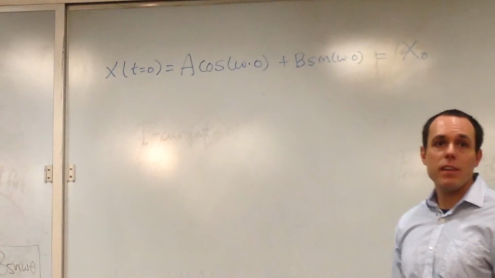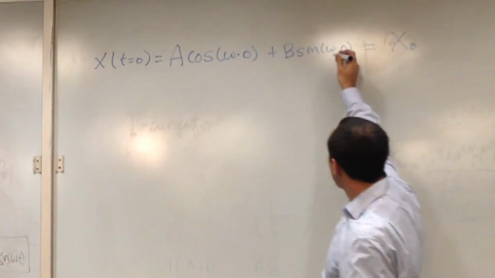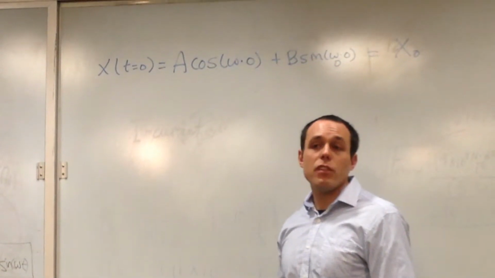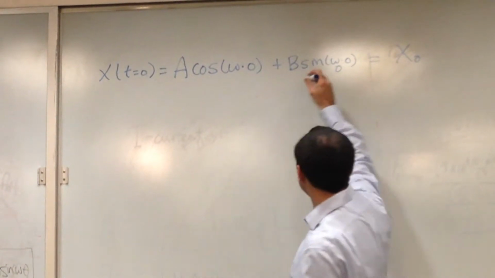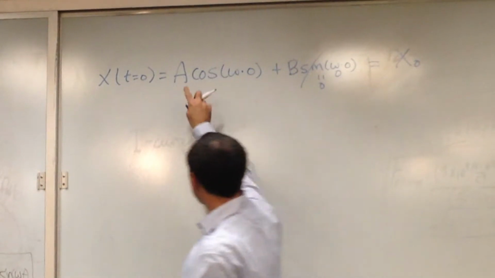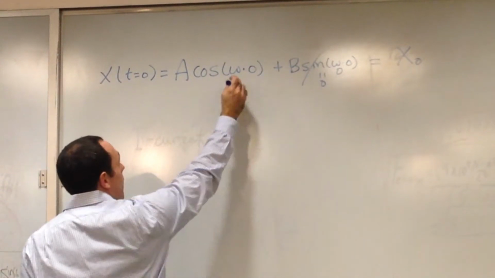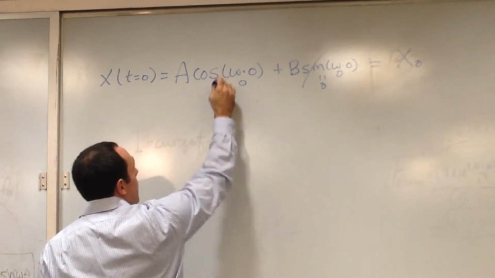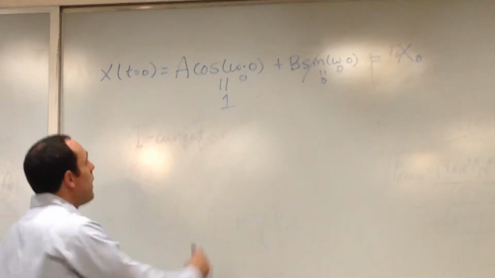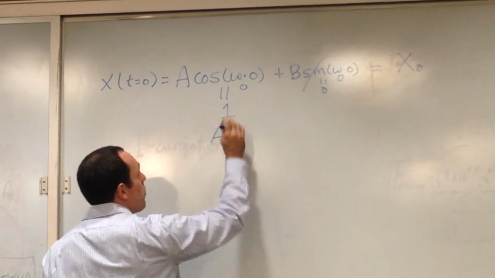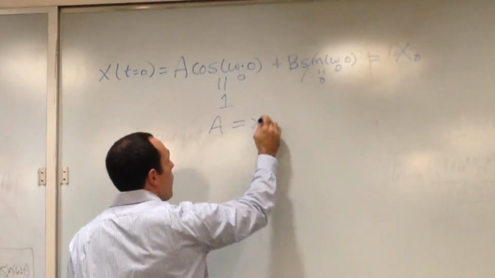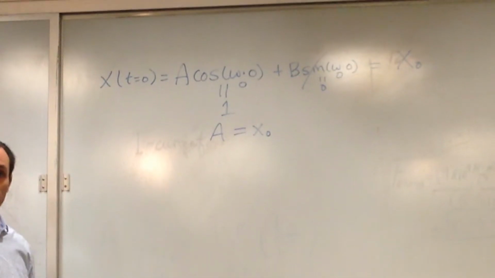The important thing about this is that, notice, this gives me sine of 0. The sine of 0 degrees is by definition equal to 0. So this term cancels out. So this allows me to solve for A. The cosine of 0 is just equal to 1 by definition. So what I now have is that because cosine is equal to 1 at this position, A is equal to x of 0, the equilibrium length.